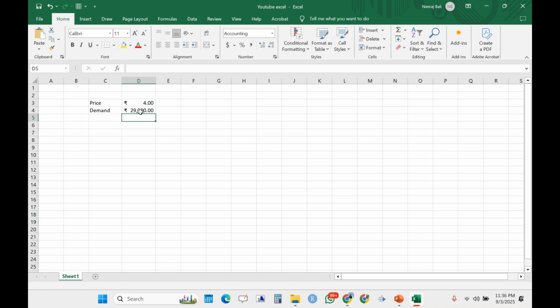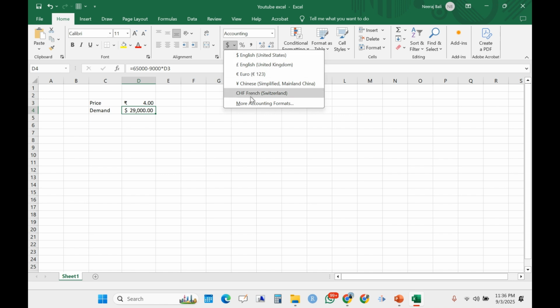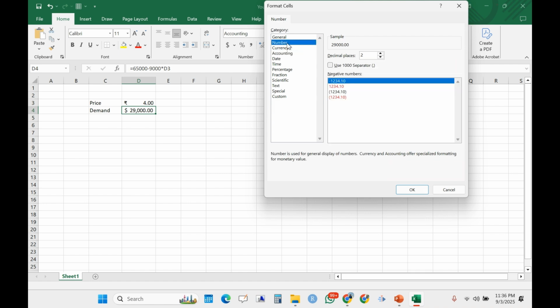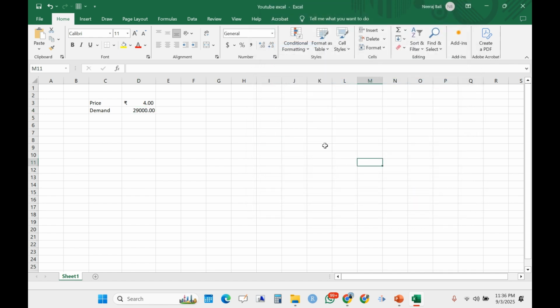So this is 29,000. I don't want the rupee symbol here. It is a number. 29,000 units is the demand.